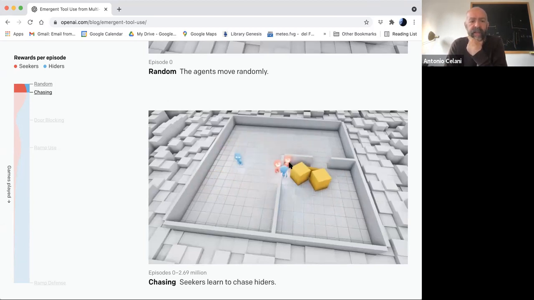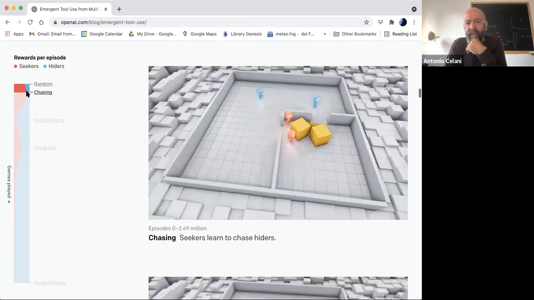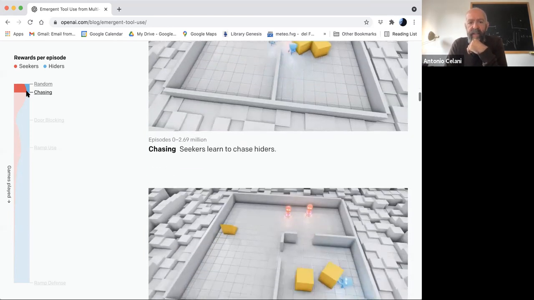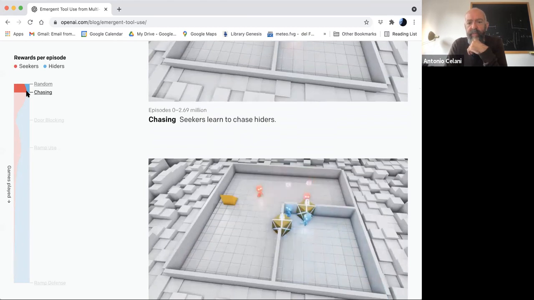But nevertheless, once you fix them, this is what you observe. So first they start learning. You see here on this diagram on the left, as a function of the number of games played, red means that in this phase, the payoff for the chasers, for the seekers, is relatively higher with respect to the hiders. But then, as time goes by, hiders learn their counter strategy, and they learn to pull the blocks and keep the seekers out.